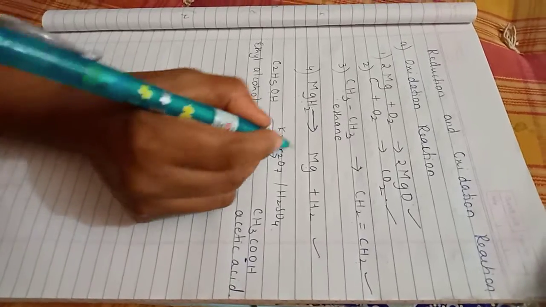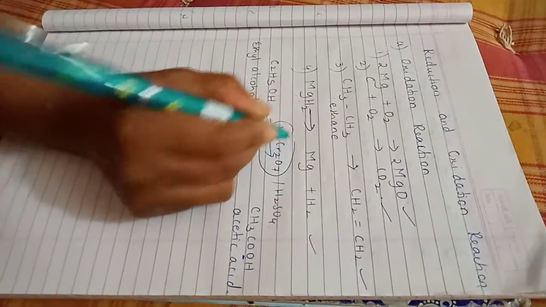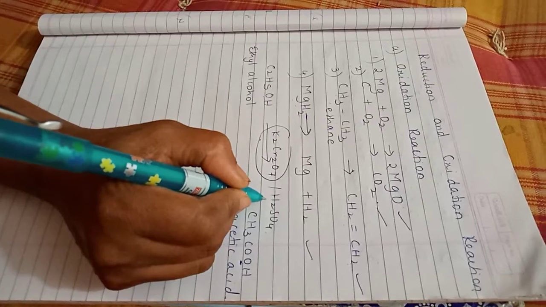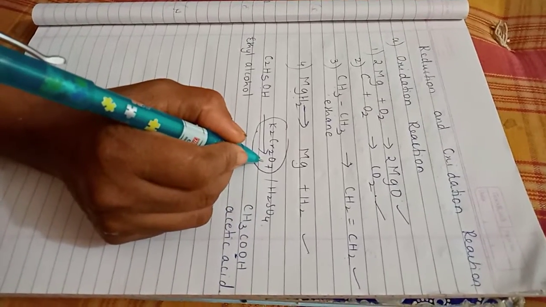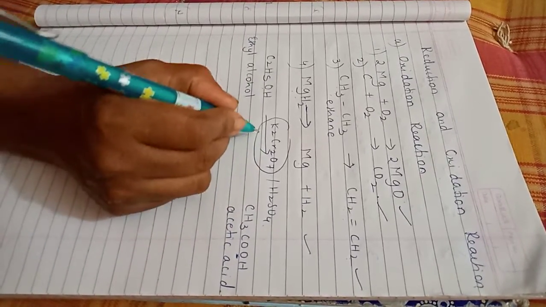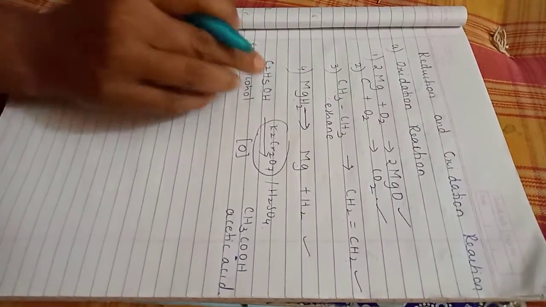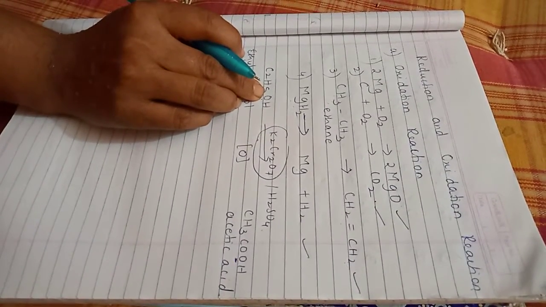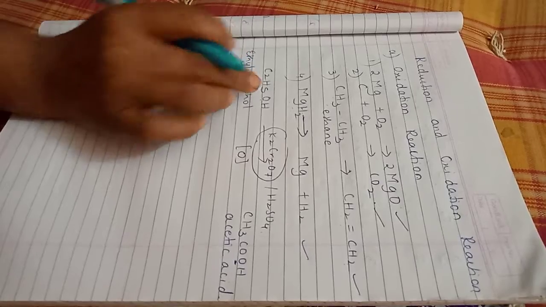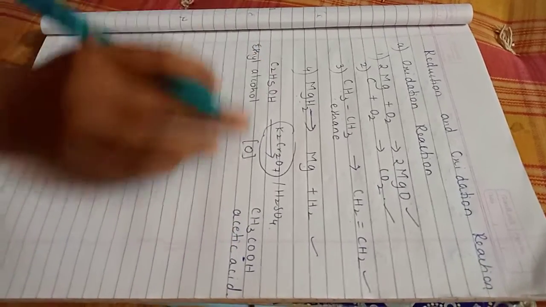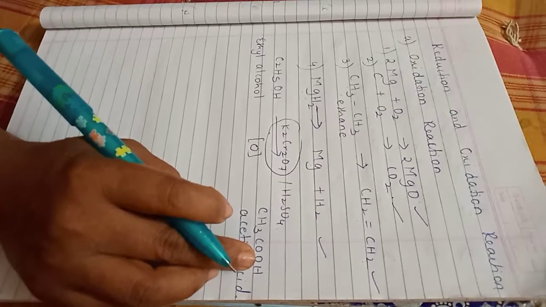Oxygen is supplied by this compound which is called potassium dichromate in acid, hence called acidified potassium dichromate. What does acidified potassium dichromate do? It supplies oxygen necessary for oxidation of ethyl alcohol. So here ethyl alcohol gains oxygen to form acetic acid.